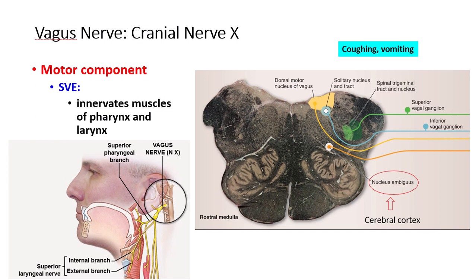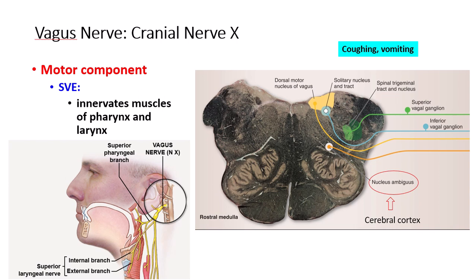One of the components of the motor is a special visceral efferent, which is supplying the pharyngeal and laryngeal muscles. These are the conscious motor activities, and it's coming from the cerebral cortex, from the frontal lobe, that goes to the nucleus ambiguus. So the cerebral cortex is the upper motor neuron, and nucleus ambiguus is the lower motor neuron.